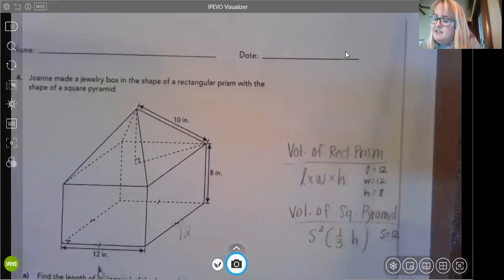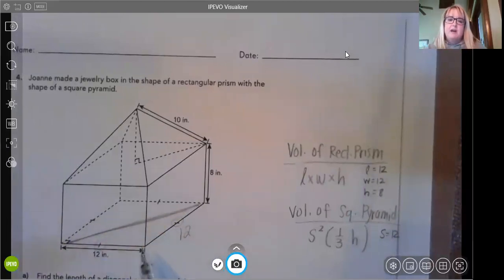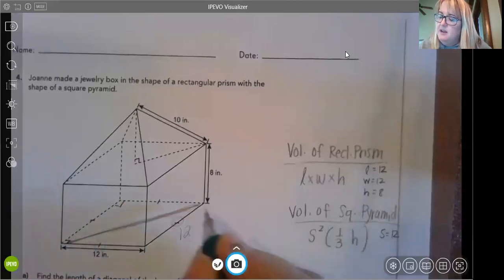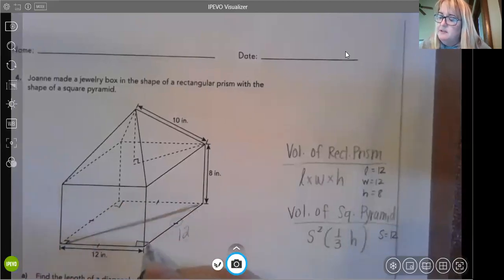Okay, so what they're asking for, the diagonal of the base, is this. This is a diagonal. Because this is a 3D shape drawn on a 2D surface, you can't really tell, but all of these are right triangles.